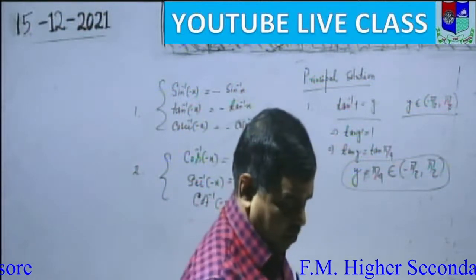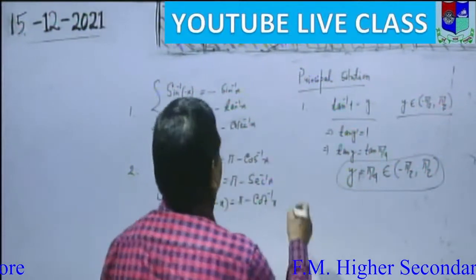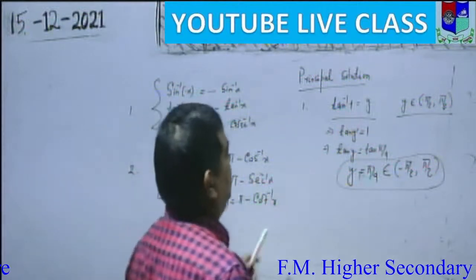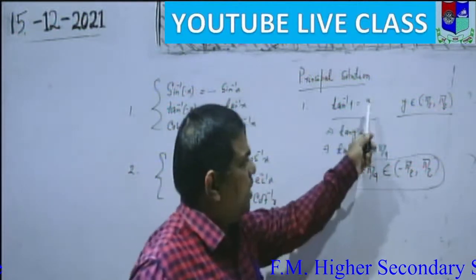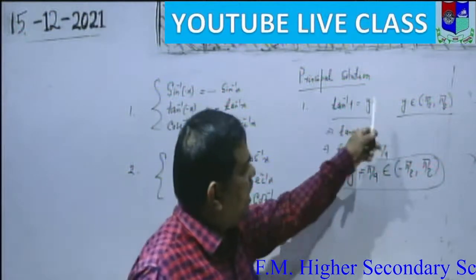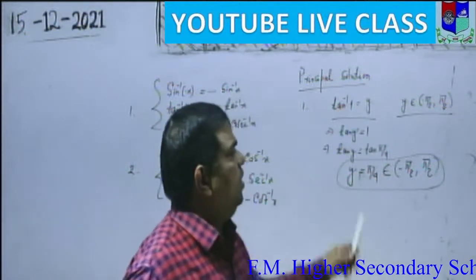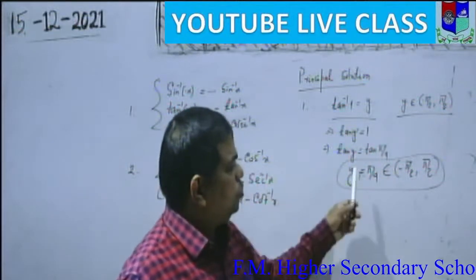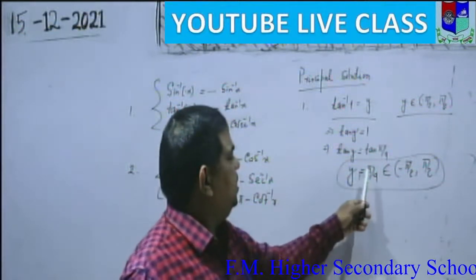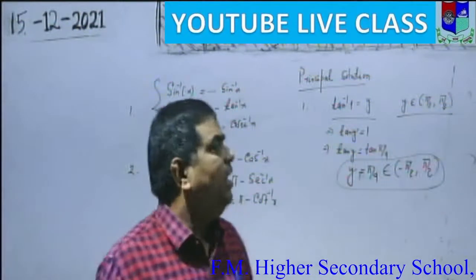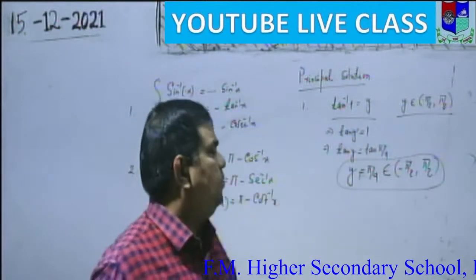Now find the principal solution of the next one. Tan inverse 1 is equal to y. By using theory, tan y is equal to 1, and 1 is tan pi by 4. So y is pi by 4, which satisfies the given domain.